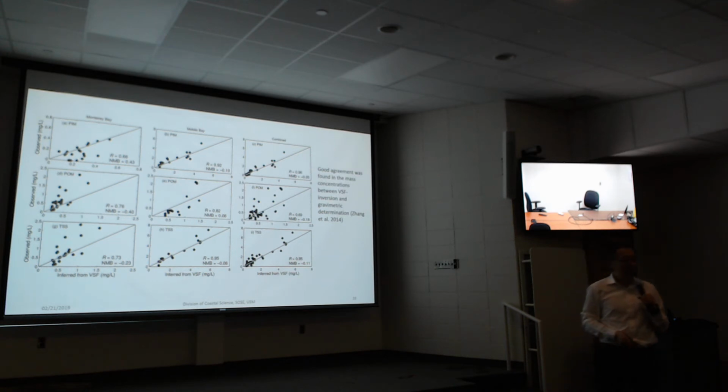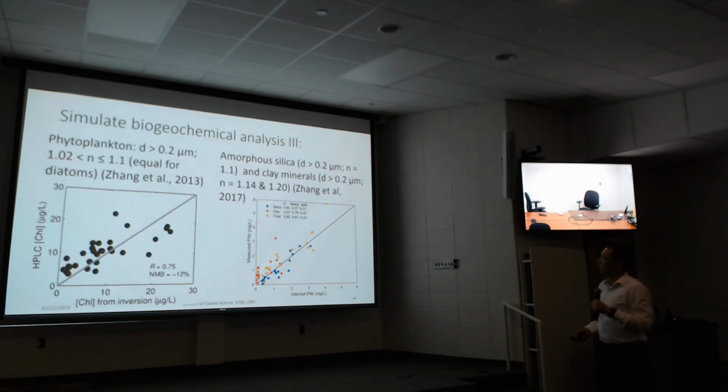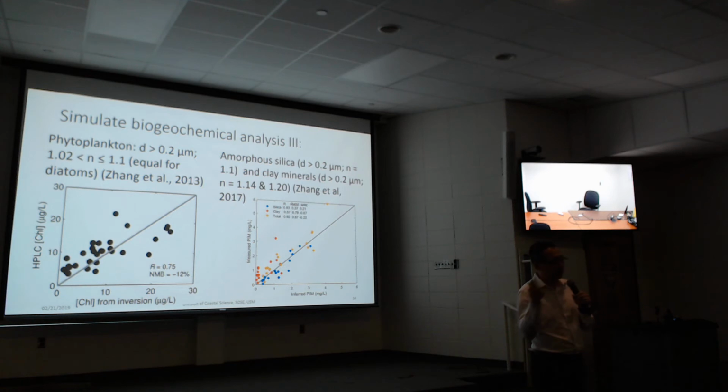So this is another thing we can do. We can simulate filtration and look at the different composition of particles. And we can do many other things. For example, we can look at just the phytoplankton. By looking at this, we pick out what are the phytoplankton.